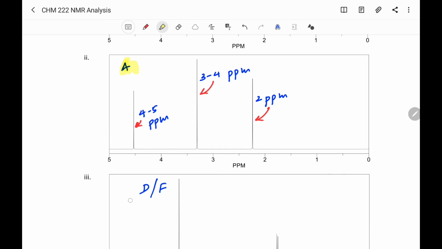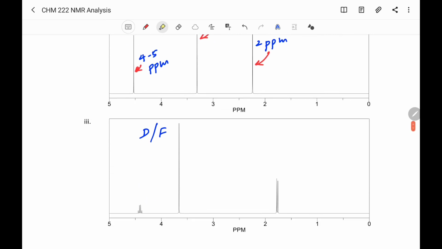So we have to make a choice between D and F for this particular structure, and this is a very straightforward one. Why? Because you have a doublet and then you have a quartet. To get a 4 peak, you have to have a CH3 neighbor.